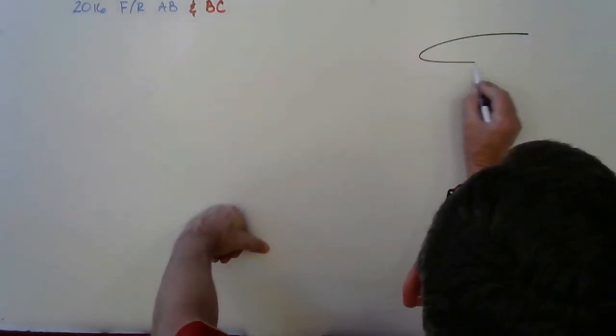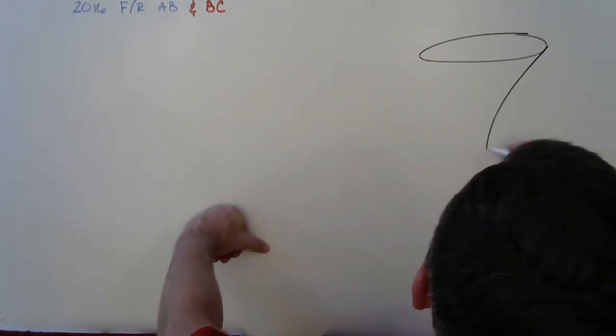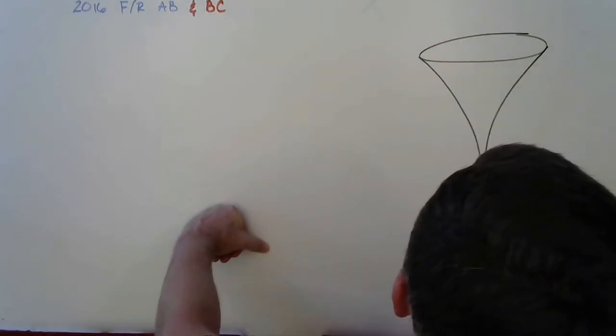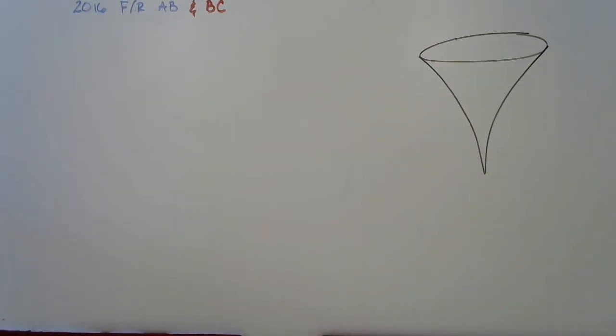Let's draw our funnel over here on the side. So they gave us a funnel, and so we have a funnel that goes like this, and it comes down like this. And what do we know?